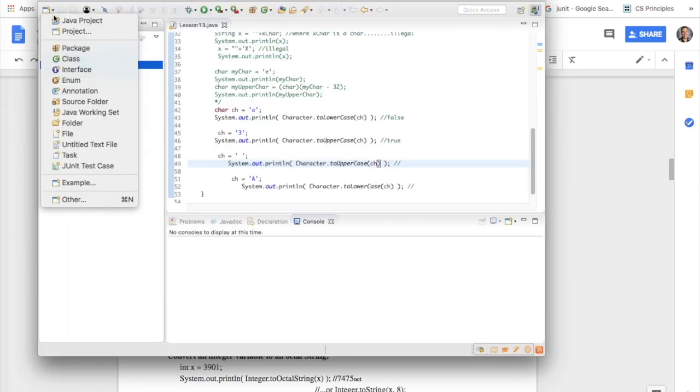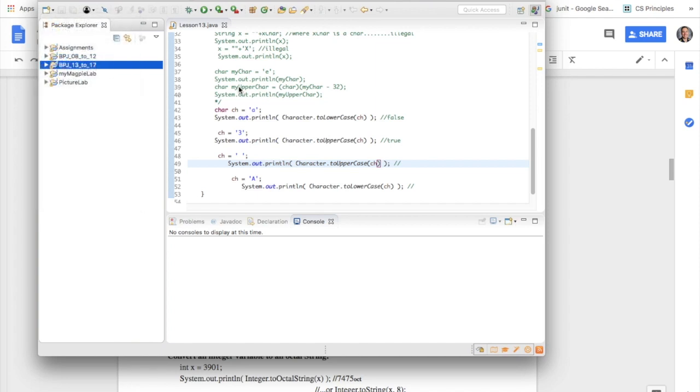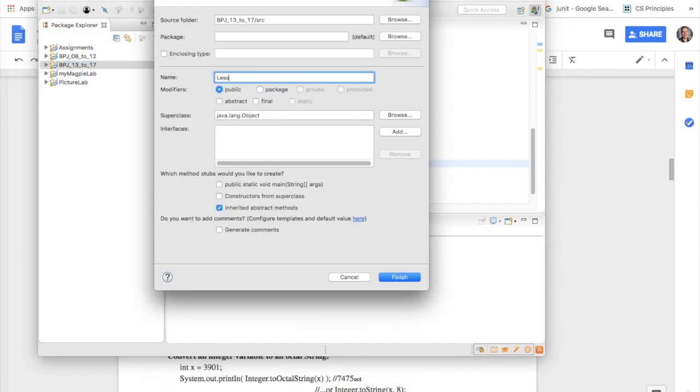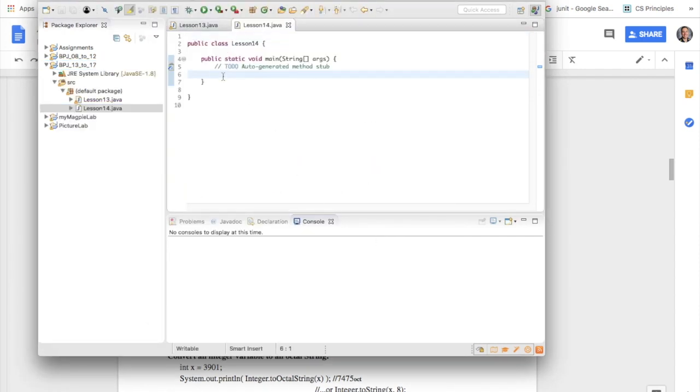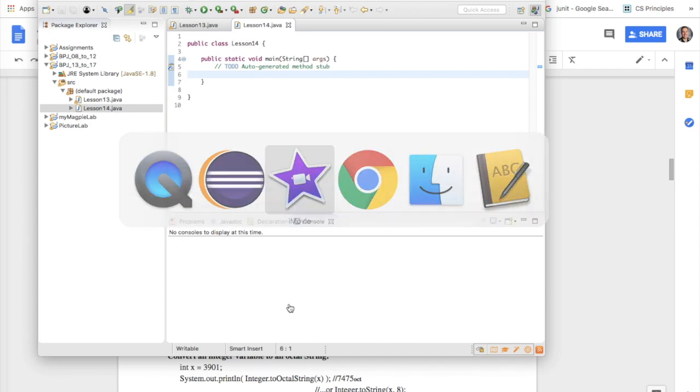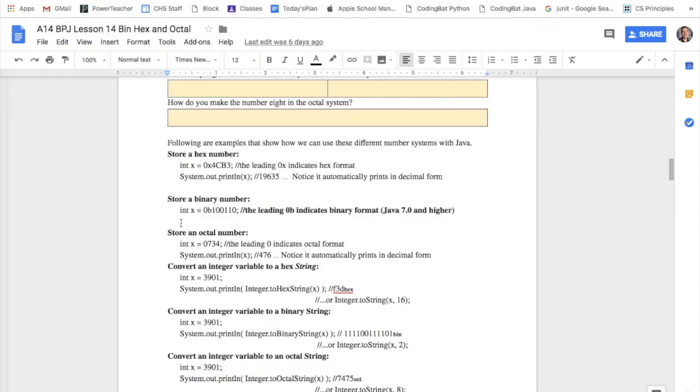We'll start a new class for lesson 14 and turn on a main. And let's copy those couple things over that we just looked at. So we'll start out with x being 300901, and then we're going to print it out as a hex string and see what the computer does for us.